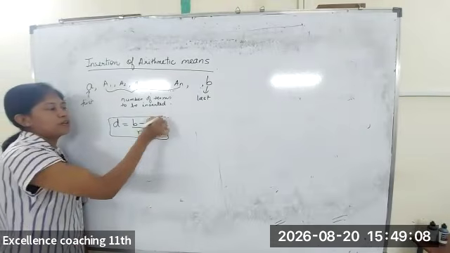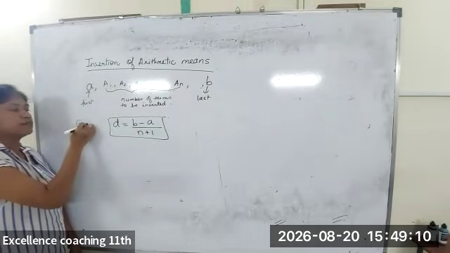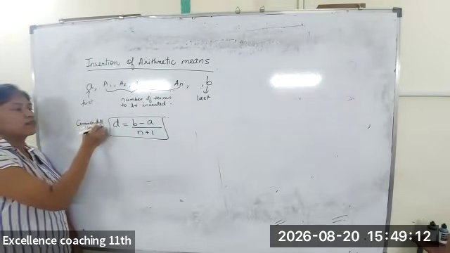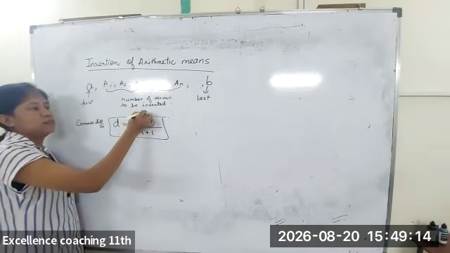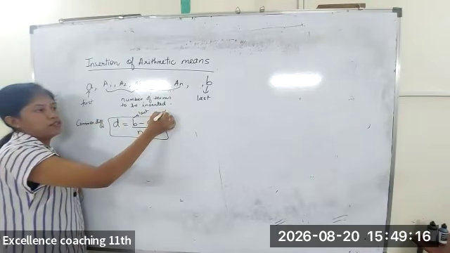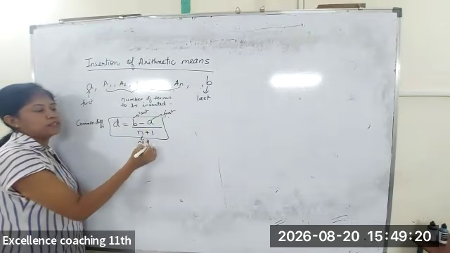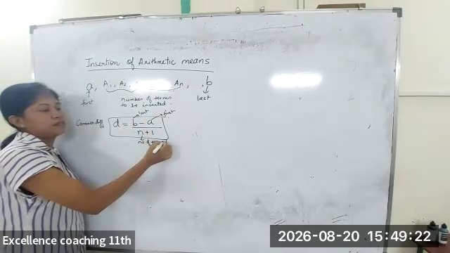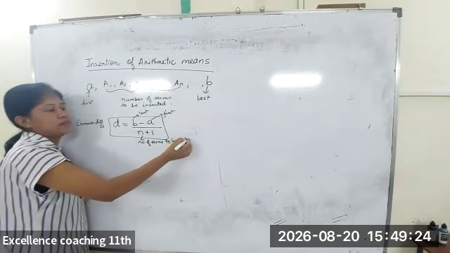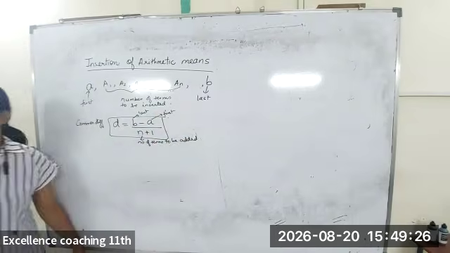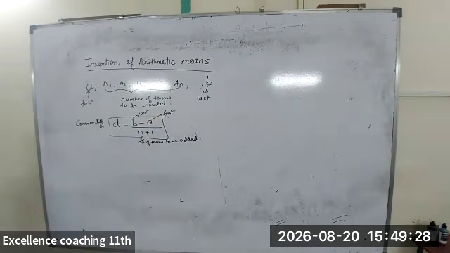This is the formula to calculate your common difference. This is your last term, this is your first term, and this is the number of terms to be inserted. So write this and keep.